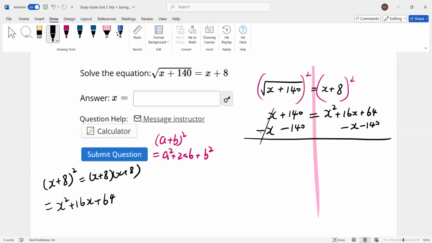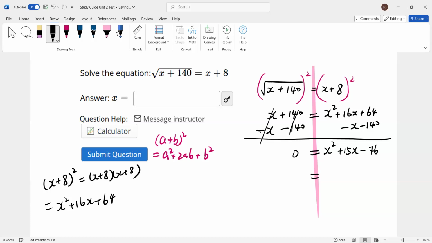Then they cancel, and you have 0 on the left side. On the right side, x squared, 16x minus x is 15x, and 64 positive, 140 negative, so negative 76. Let me double check. Yeah, 76.